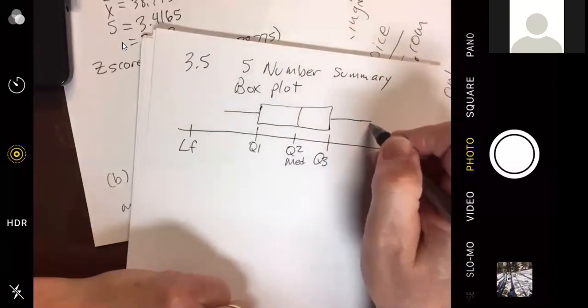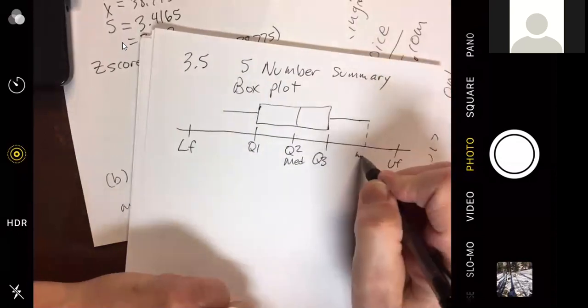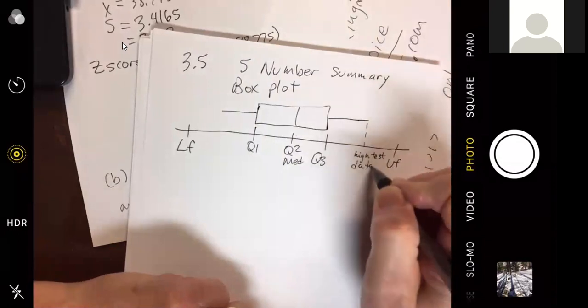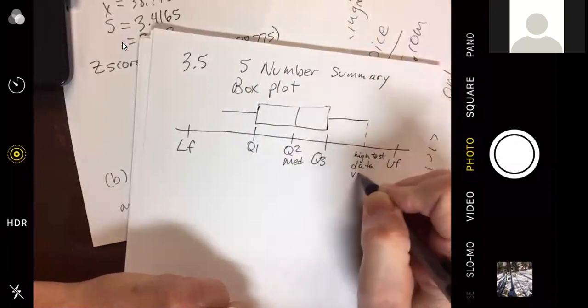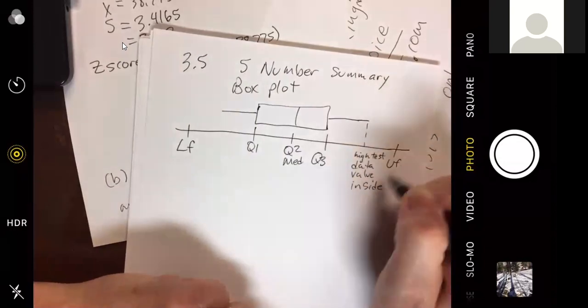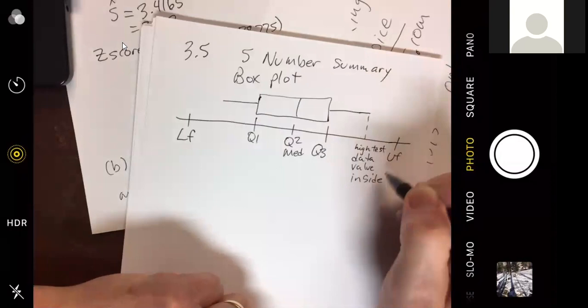All right, this goes to the highest data value inside the fence, or lower than the upper fence. The book uses lower than the upper fence.